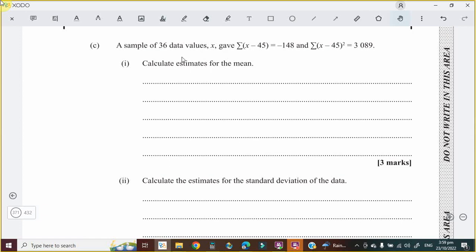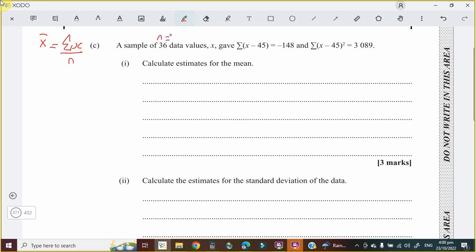So this question here says calculate estimates for the mean. They tell you that the sum of x minus 45, key thing, the sum of x minus 45 is negative 148, and the sum of x minus bar x squared is 3089. Estimate for the mean is what? Bar x, and bar x is the sum of x over n.